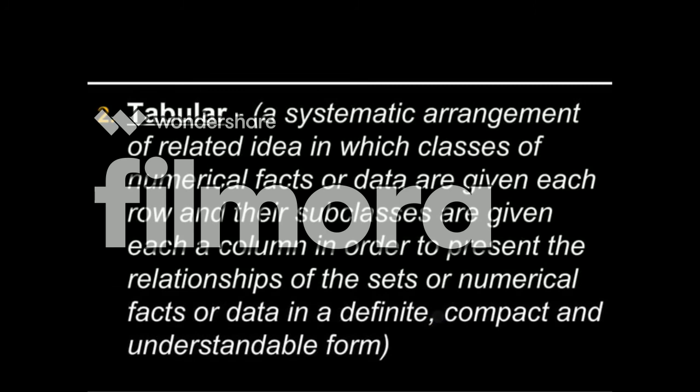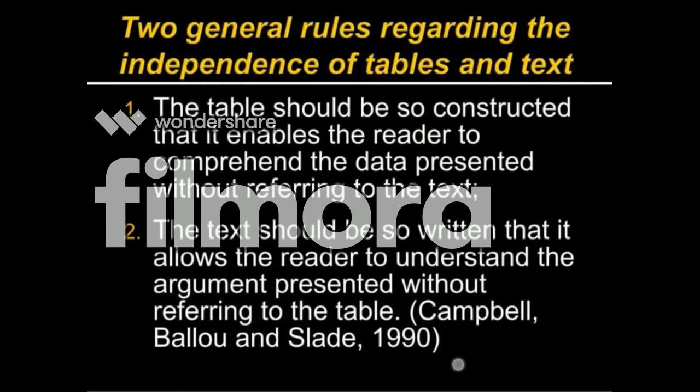Now, what is a tabular presentation? Tabular presentation is a systematic arrangement of related ideas in which classes of numerical facts or data are given each row and their subclasses are given each a column in order to present the relationships of the set of numerical facts or data in a definite, compact, and understandable form.